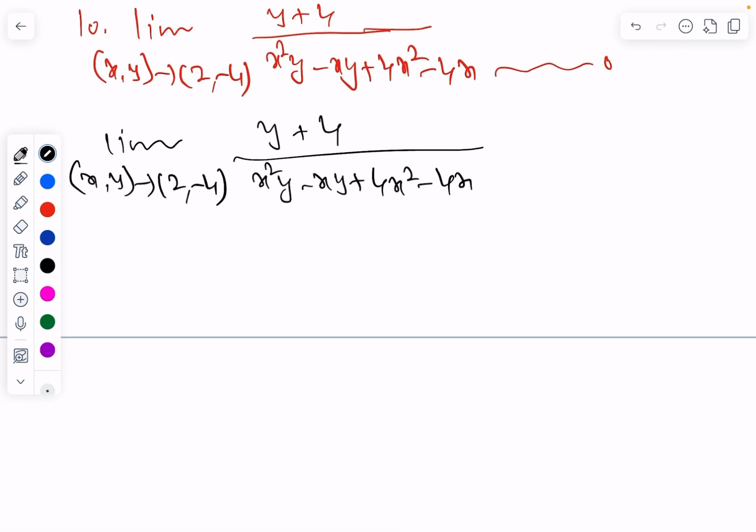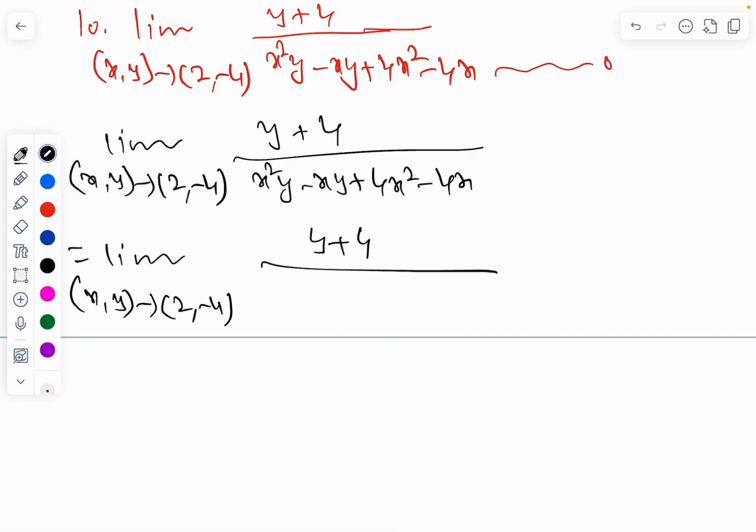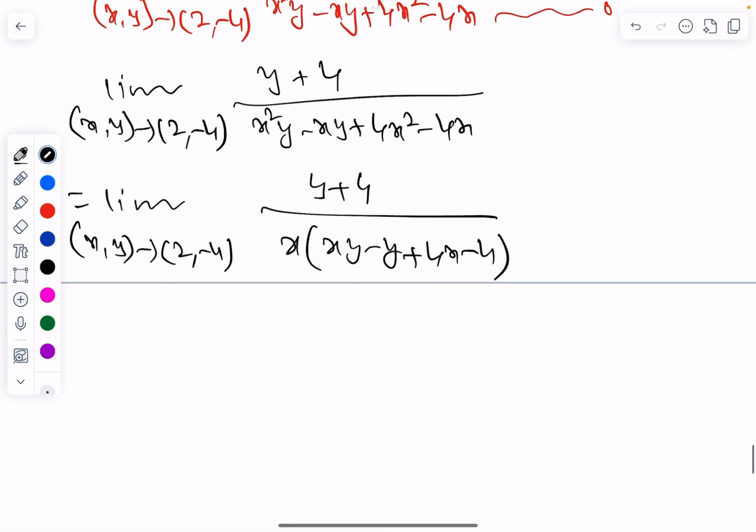In the numerator we have y plus 4, and in the denominator we can take x common. What is inside is xy minus y plus 4x minus 4.